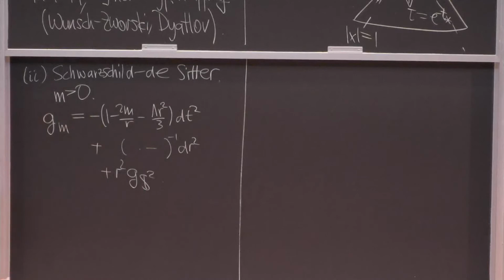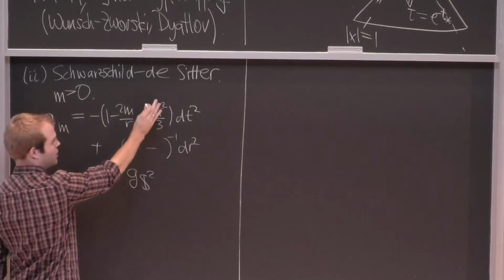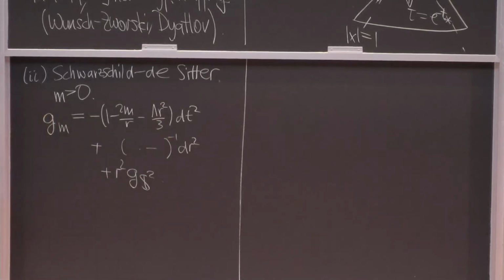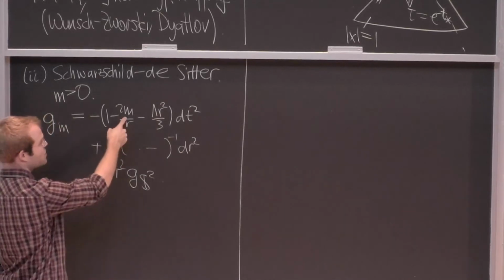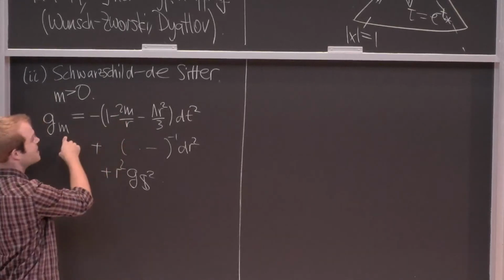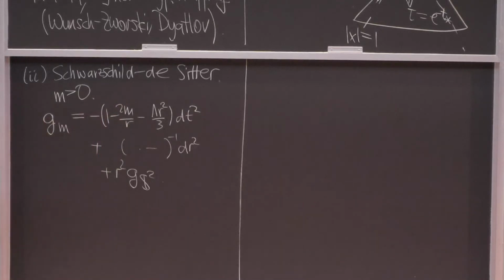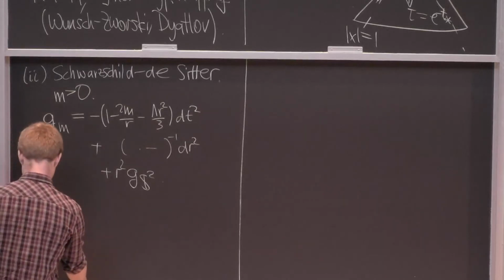In particular, it's a generalization of the Schwarzschild metric, because if you formally put lambda equals 0, you get back to the Schwarzschild situation. Also, incidentally, if you set m equal to 0, so you have a Schwarzschild de Sitter spacetime with no black hole in it, mass 0, then this is actually a local coordinate expression for de Sitter space in some funny coordinate system. OK, so they're all interrelated.